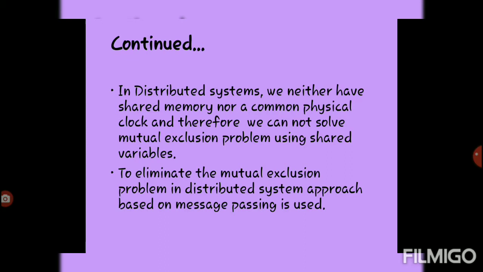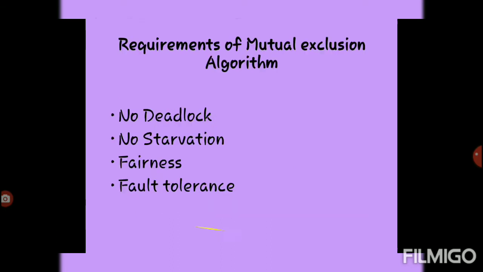To handle mutual exclusion in a distributed system, we have the following four requirements: no deadlock, no starvation, fairness, and fault tolerance.